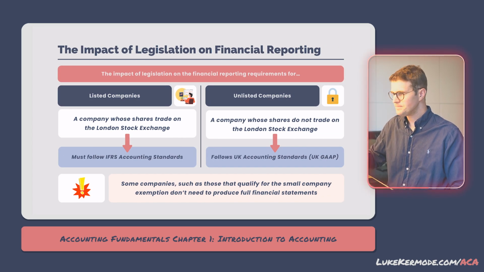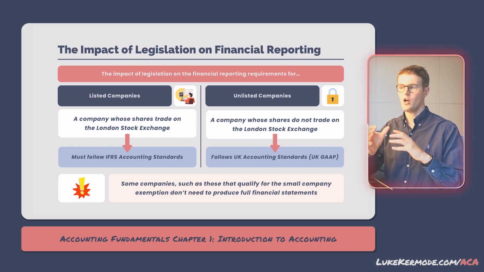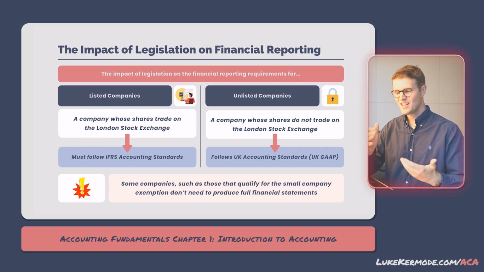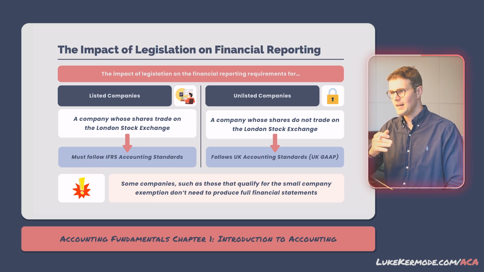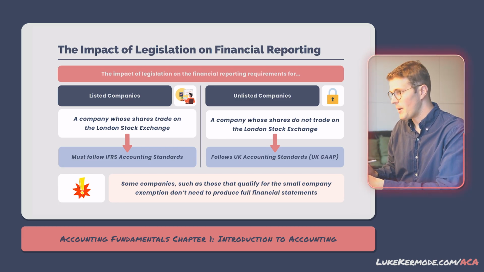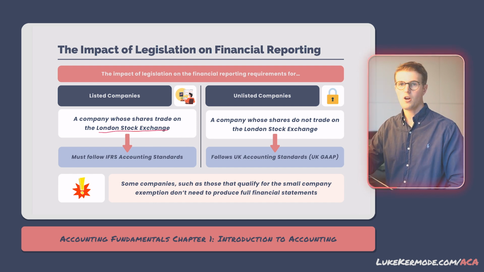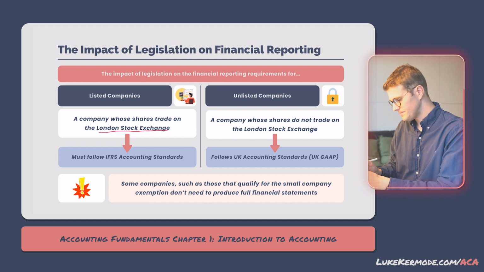In the UK, the financial reporting requirements for companies depends largely on whether the business is listed or unlisted. Listed companies, those whose shares trade on a public stock exchange like the LSE, must follow IFRS.